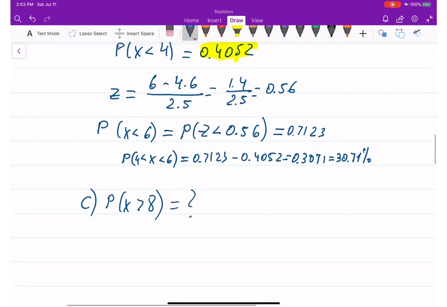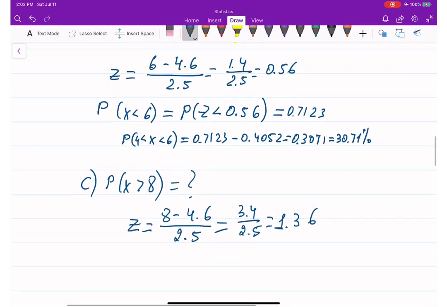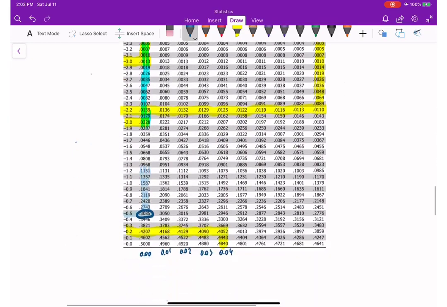So the z-score is equal to 8 minus 4.6 over 2.5, is equal to 3.4 divided by 2.5, which is equal to 1.36. Again, positive. Okay, so we are moving to the positive table, 1.36.